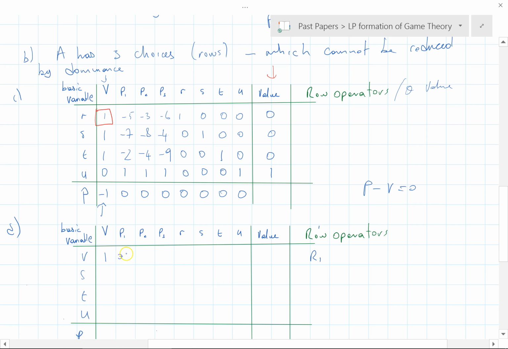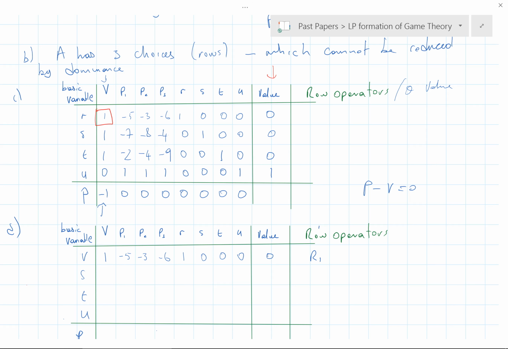So we've got R1, so it's just a straight copy, and it will always be like this. So always arbitrarily choose the first row, even though obviously the second and third row would be, no reason to know which one will be more efficient, but we just arbitrarily choose the first one.